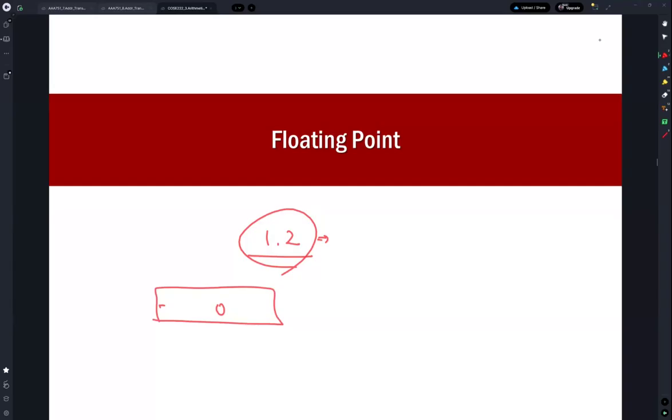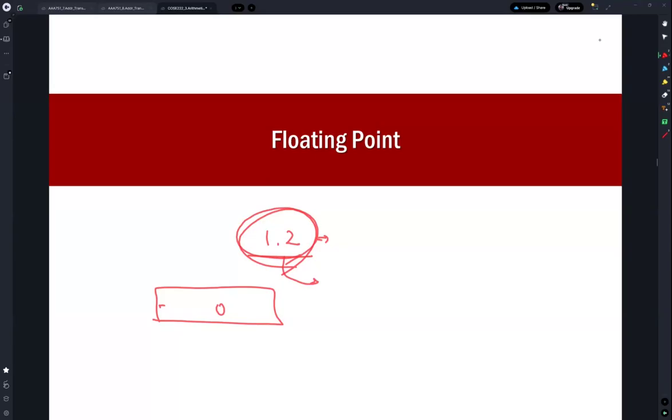These are integers, and actually integers just represent some kind of count of some objects, right? But we can also use real numbers in our real life, like 1.2, and these numbers are called floating point numbers.